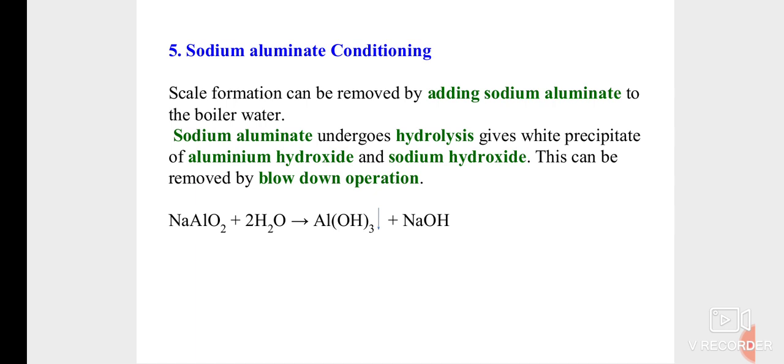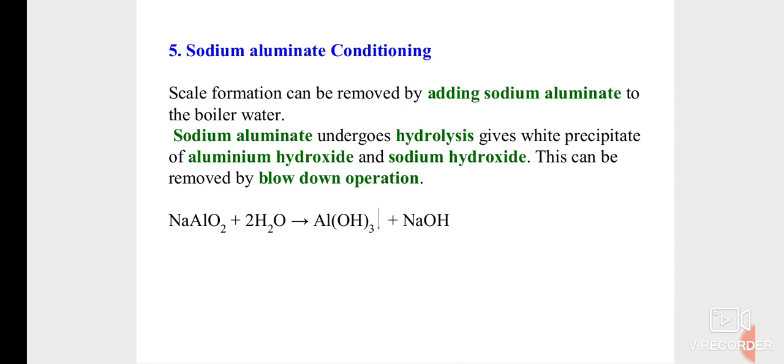The different conditioning methods are used in different pressure boilers. Some of the conditionings are used in low pressure boilers, and some of the conditioning methods we have to use in high pressure boilers. So based on the chemical compounds, the reactions vary.